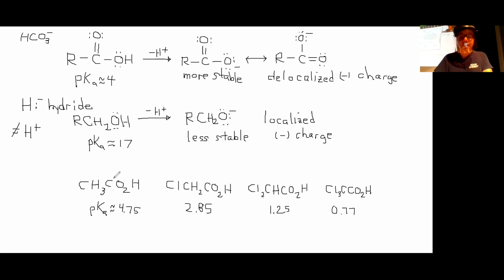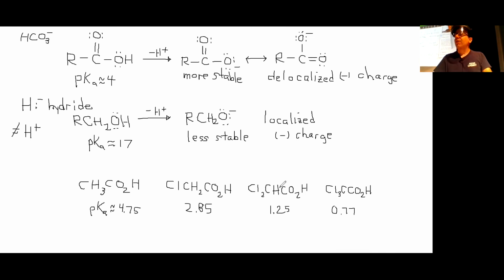And that's because, if you imagine these conjugate bases, CH3CO2-, ClCH2CO2-, as we're putting on more and more electronegative chlorine atoms, those chlorines are helping to bear that minus charge. They're sucking that electron density towards the electronegative chlorine atoms and spreading out that negative charge.